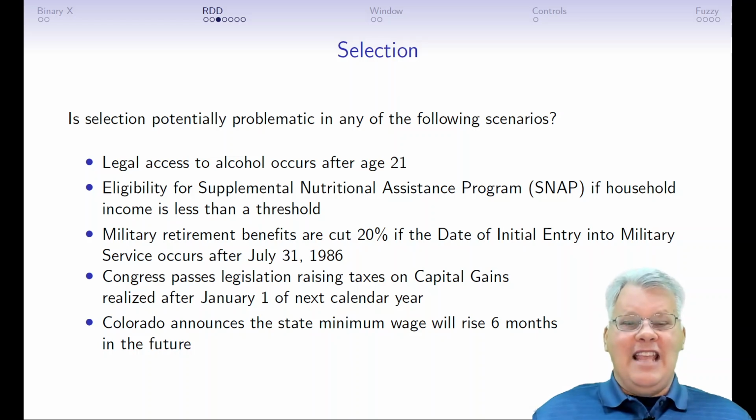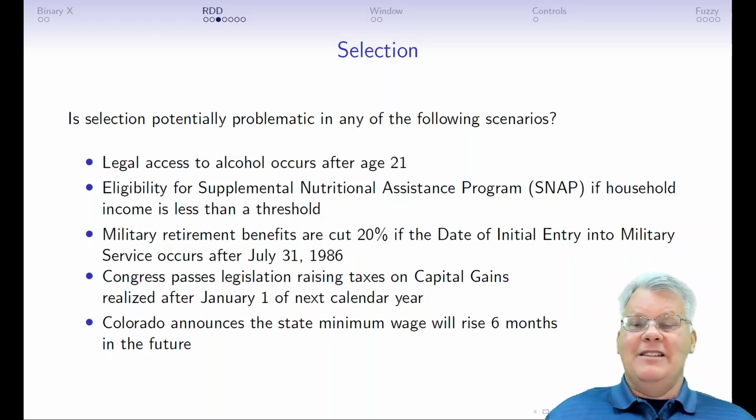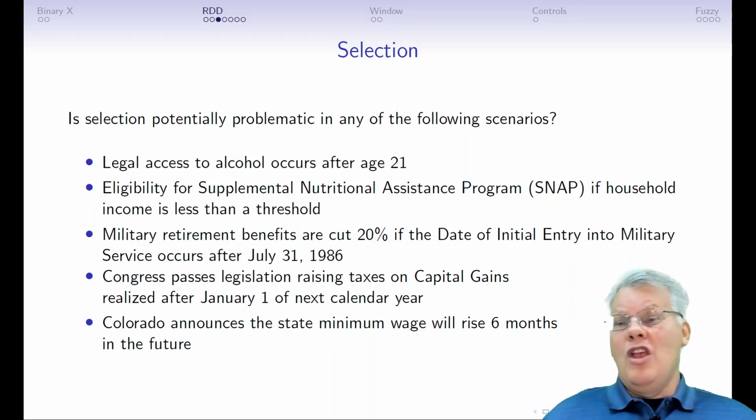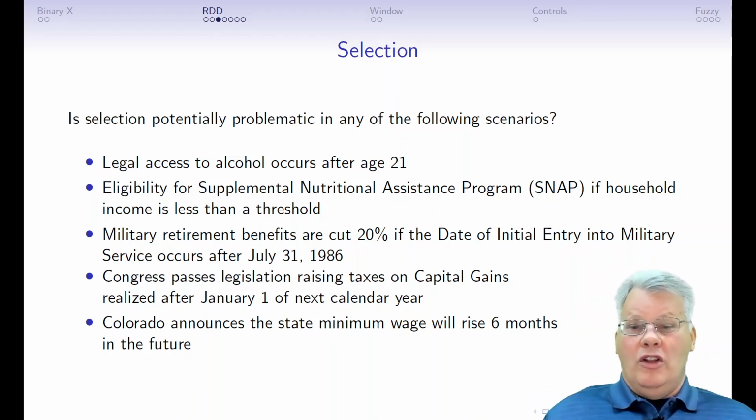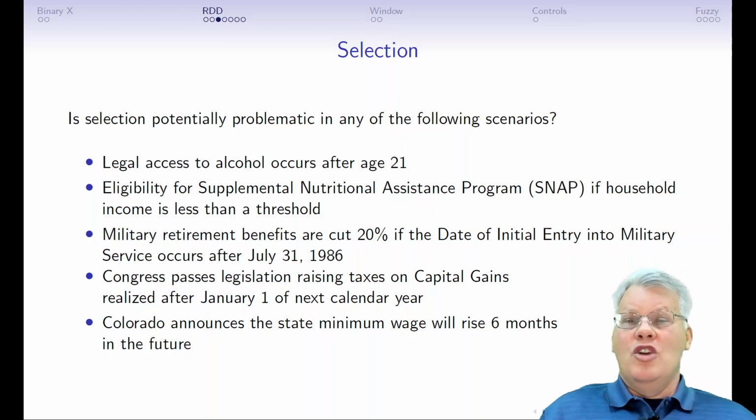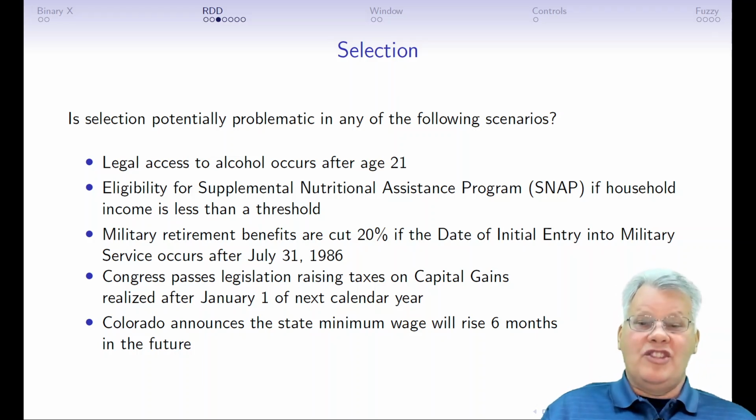Colorado announces the state minimum wage will rise 6 months in the future. So if it's well known that the minimum wage would increase, is it possible that, well, I guess to spin a story, what if a fast food restaurant such as McDonald's was building a new restaurant and they had knowledge that the state minimum wage was going to rise?